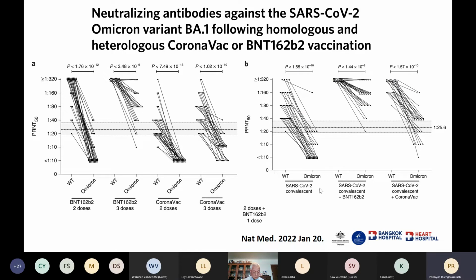And this is the group that had infection and then recovered. We call this convalescent. The convalescent ones do not have enough for prevention. Okay. So if you have had COVID infection before and you contact the virus again, you can still get reinfection.